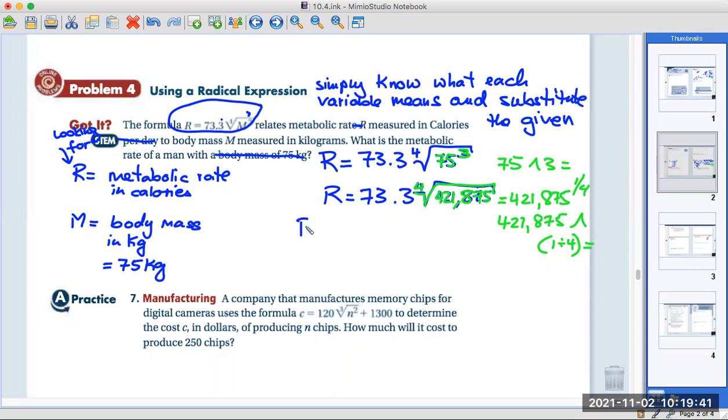So I'm just going to rewrite. And now I'm using parentheses because this answer here is 25.4, about. And then you multiply these two numbers.